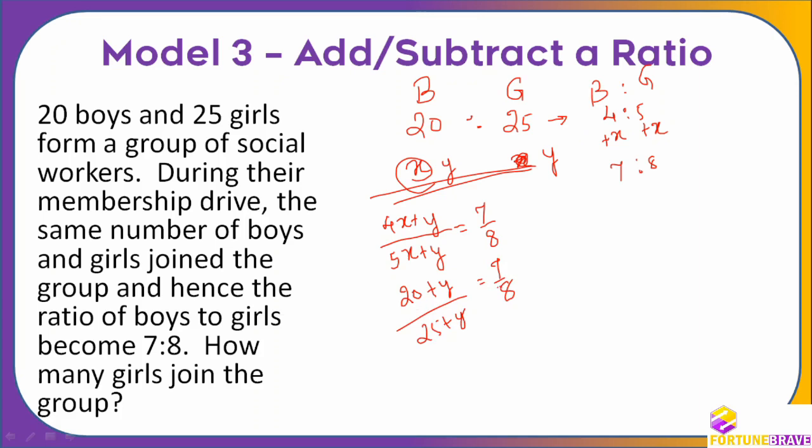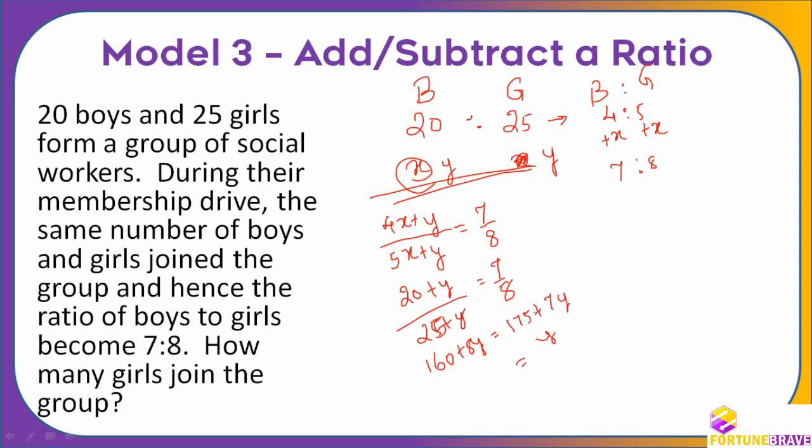So 8 into 20 is 160 plus 8y is equal to 25 into 7 is 175 plus 7y. So 8y will come this side and 7y go that side.